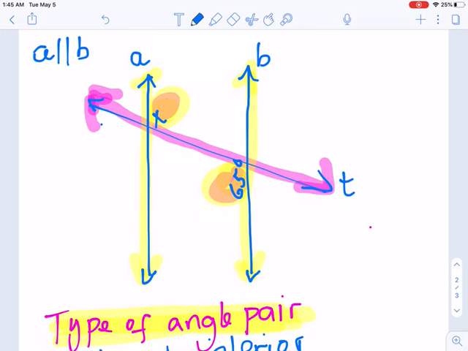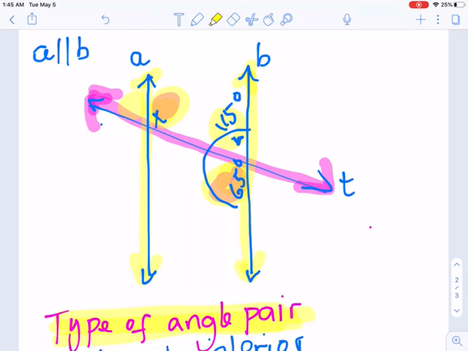We know that they are congruent because if I know that this is 65, now I know there is a linear pair here, and this angle has to add up to 180. If I subtract 65 from 180, I will get 115 degrees. That also tells me that the angle on top here is corresponding to this angle that is 115 degrees.